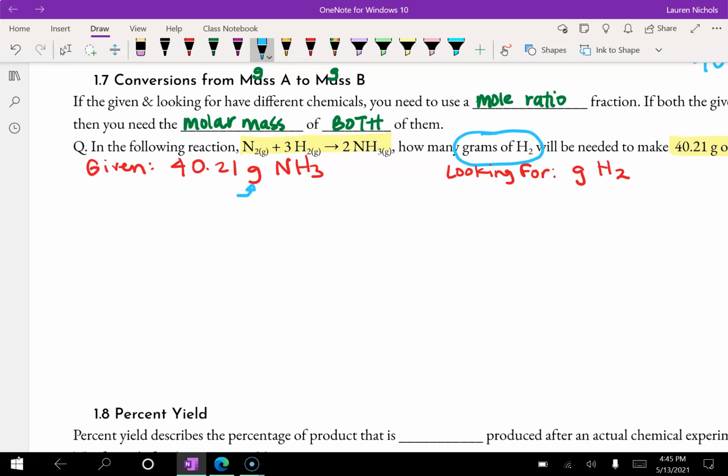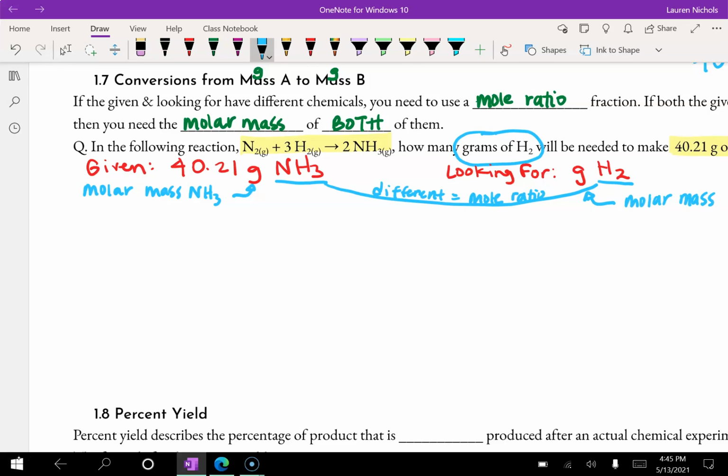We see grams right here, so I need the molar mass of the chemical that's right next to it, NH3. Then I say, well, this chemical and this chemical are different, and that tells me that I need my mole ratio. And then I also see a G for grams right here, which also means I need the molar mass.